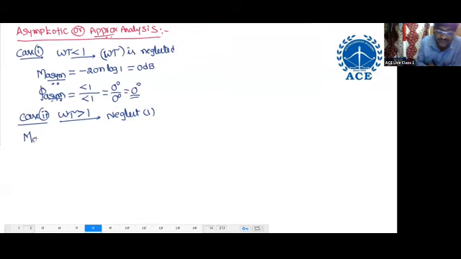M asymptotic equals minus 20n log of the asymptotic value. 1 is neglected, so we have omega tau square, and the square root and the square cancel. That means I will get omega tau. Yes or no?